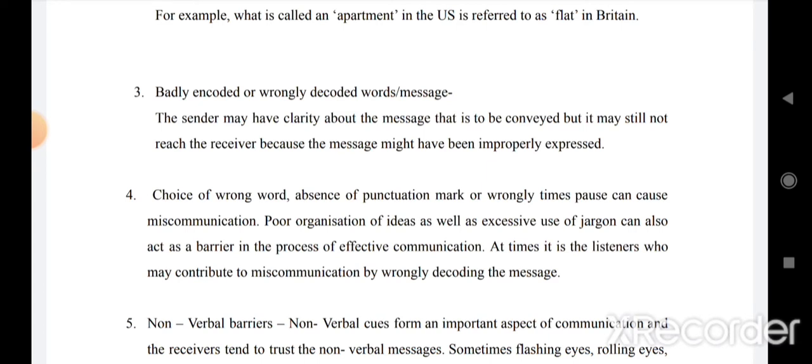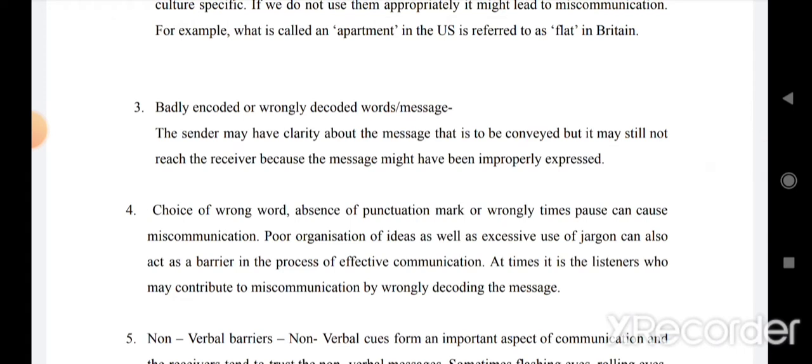So a bad encoding, if you're not able to bring clarity, if clearness is not present in the message, there is a chance of misinterpretation, there's a chance of miscommunication. Similarly, if the person who is supposed to receive the message and decode it is not able to understand, then it becomes a problem.